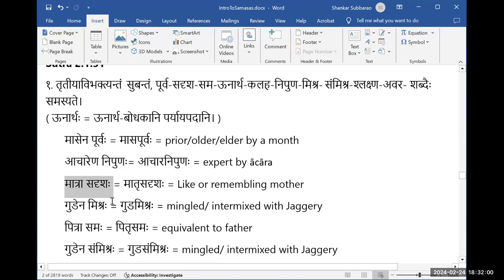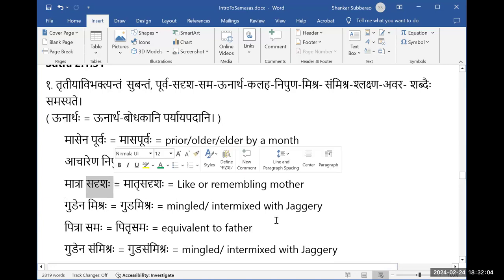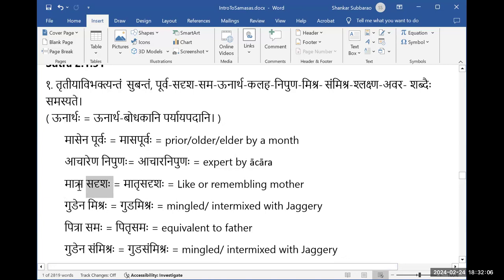Then, see, otherwise you don't know what case to use with Sadrishaha. This actually comes as a separate Upapada Vibhakti. Not only Sadrishaha, the word Tulyaha. Tulyaha means what? Same. So any meaning with that comparison, comparable, will be governed by either the third or sixth case.